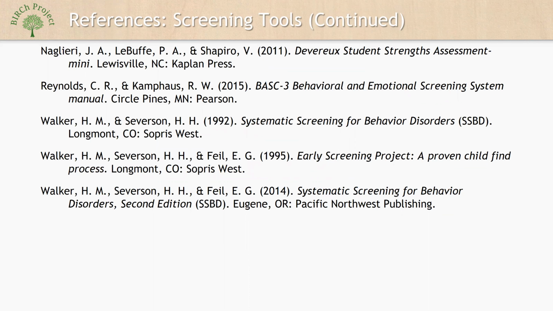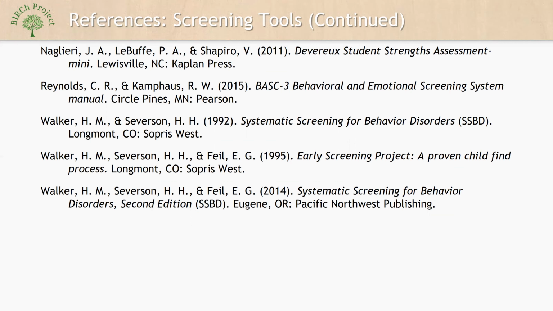And then the next 3 relate to the SSBD and a downward extension of the SSBD known as the Early Screening Project, which is a multiple gating procedure for students in preschool, ages 3 to 5. There's a more recent version, a 2nd edition of the SSBD, which was published by Walker, Severson, and Feil.